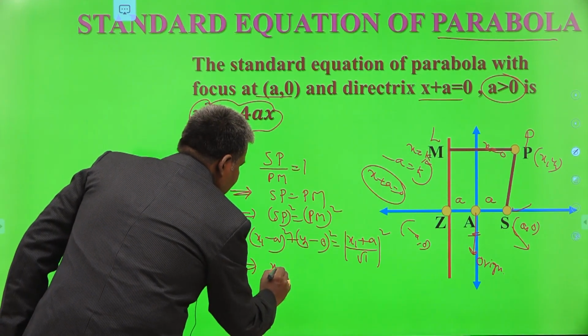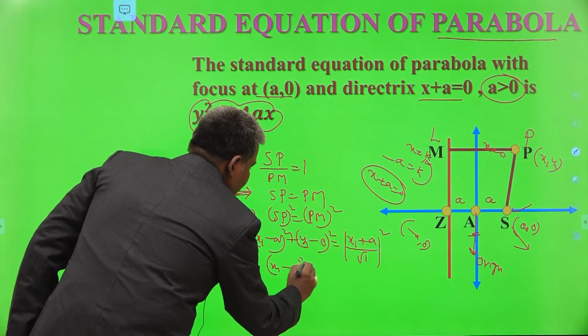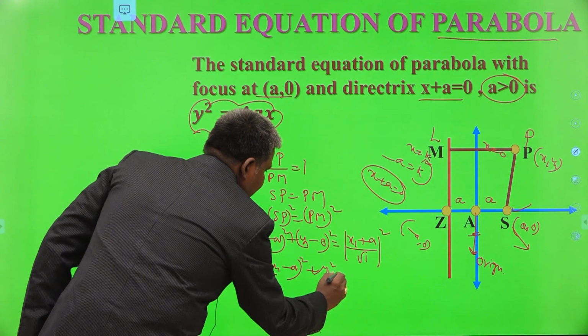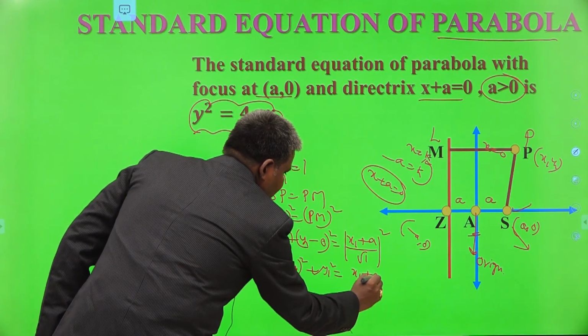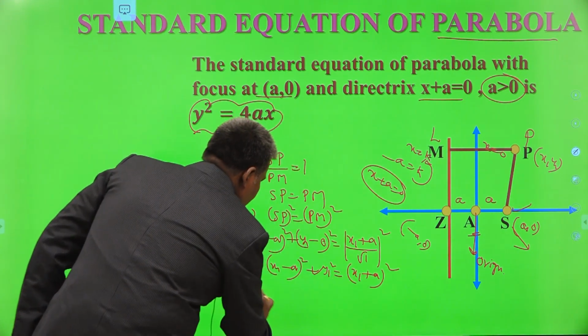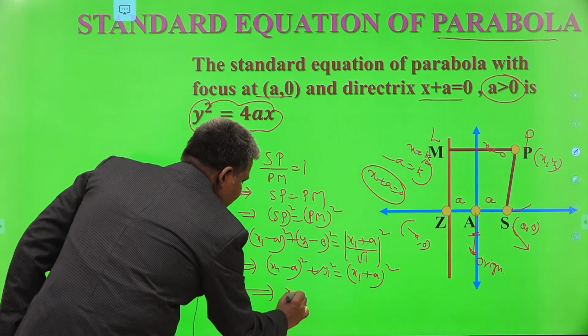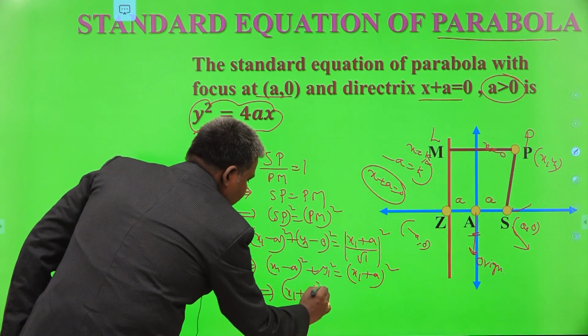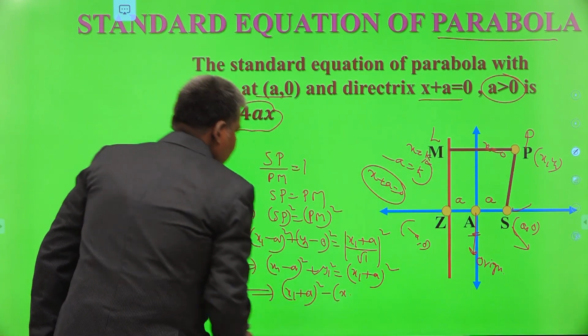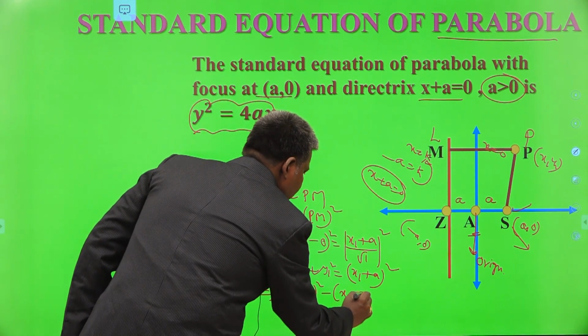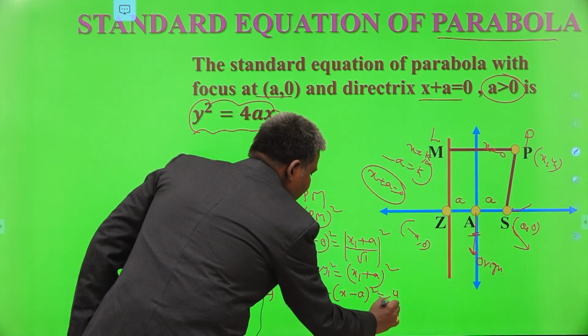This implies (x1 minus a) whole square plus y1 square is equal to (x1 plus a) whole square. This implies (x1 plus a) whole square minus (x1 minus a) whole square is equal to y1 square.